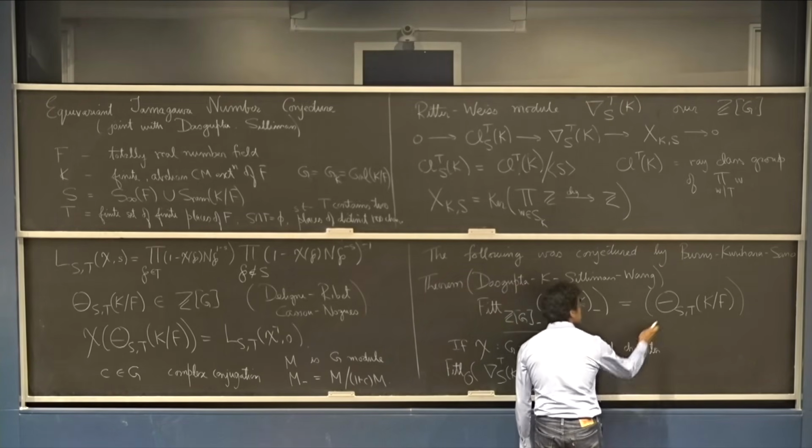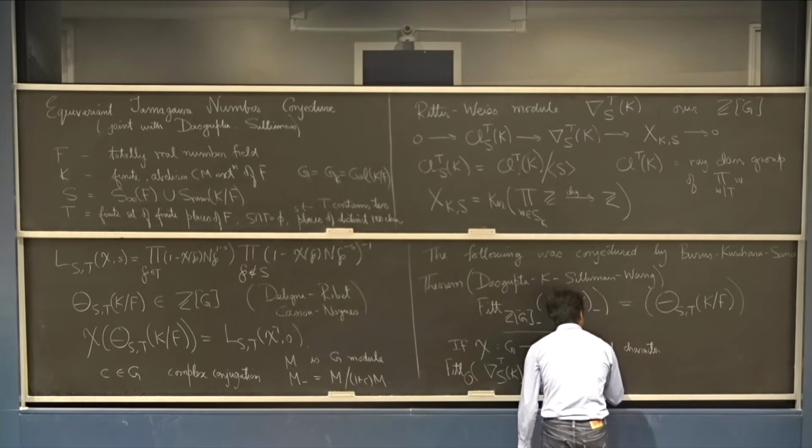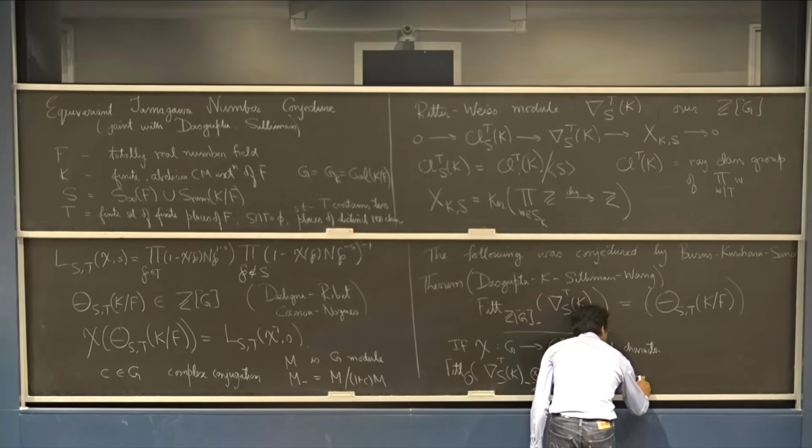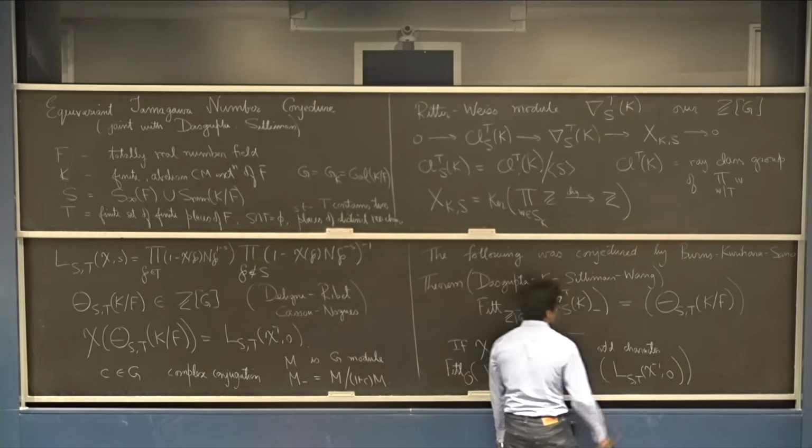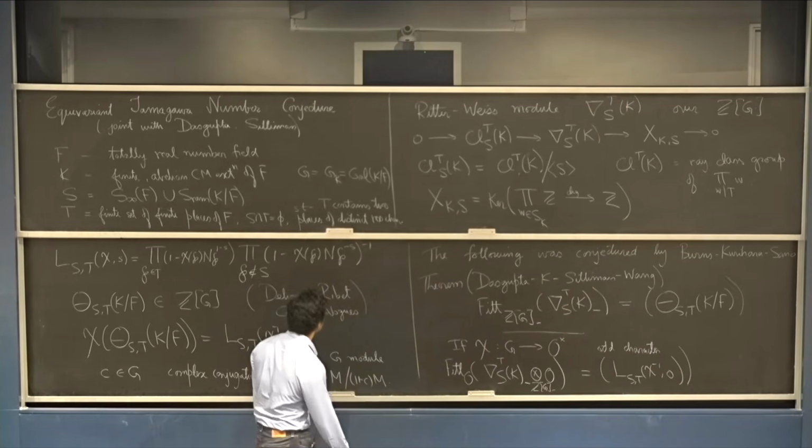This thing is the specialization of this, and the specialization of this we know is chi inverse of L_{S,T}, chi inverse of 0.